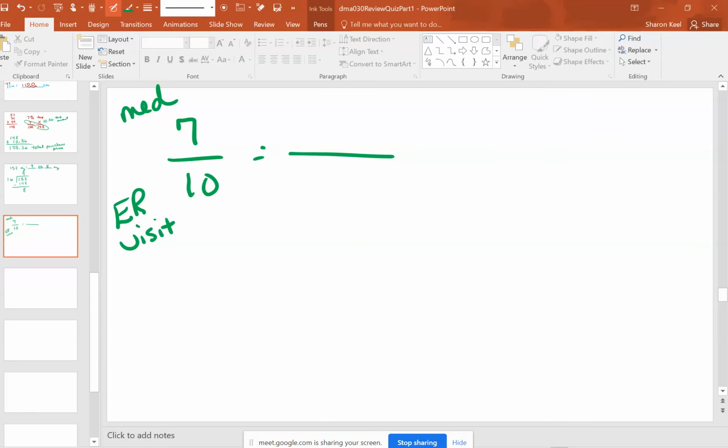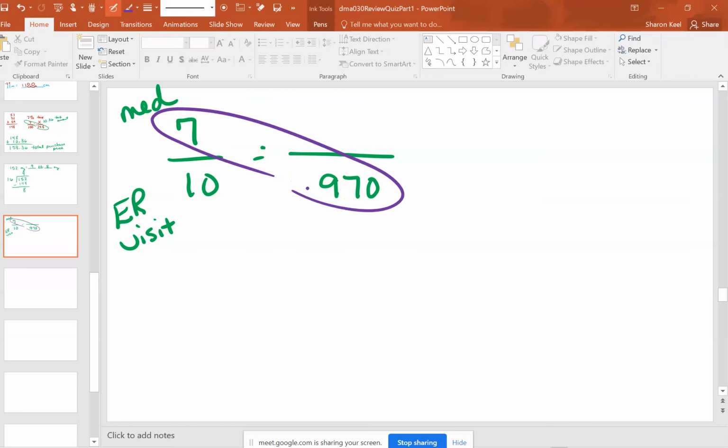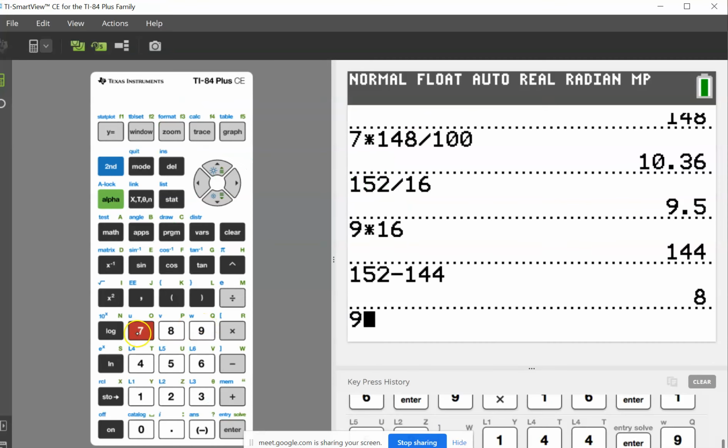So the 970 is the number of ER visits. All we have to do now is cross multiply and divide to determine how many of those visits would get medication. So 970 times 7 divided by 100.